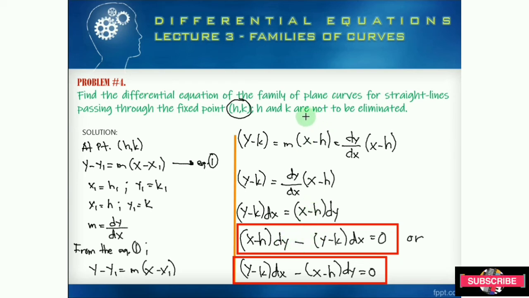So take note, just follow what is being asked in the problem. Do not eliminate h and k if it is not indicated, because even though you are doing the correct answer, if you are not following what is being asked in the problem, it is still not acceptable, uncounted as a point if you have some quiz or exam.